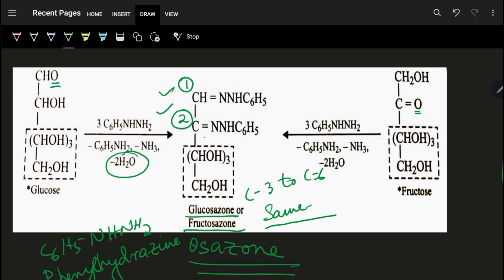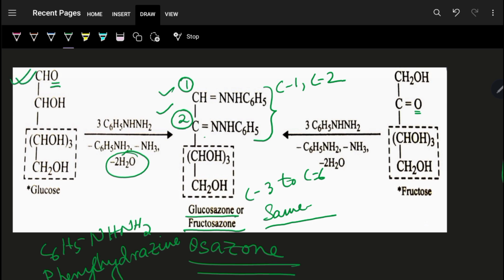Your answer will be that osazone formation involves C1 and C2, where the product has this structure. In the structure of glucose and fructose, C1 and C2 only differ. The rest of the structure, C3 to C6, is the same. And since in osazone the C1, C2 structure is the same for glucose and fructose, they give the same osazone with phenylhydrazine.